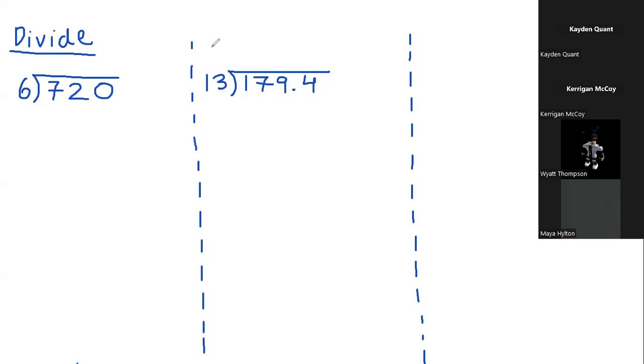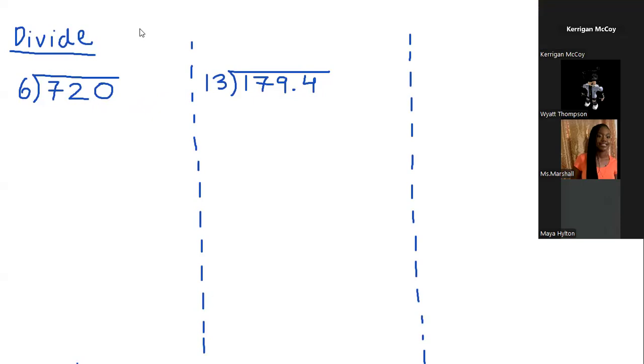Okay, so let's go ahead and do this, class. So we say 6 into 72. How many times does 6 go into 72? Well, let's take it one step at a time. 6 into 7. How many times does 6 go into 7? Once. 6 times 1 is what? 6. Very good. And so we subtract. 7 minus 6 is what? 1. Very good.